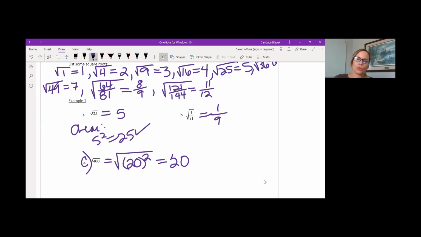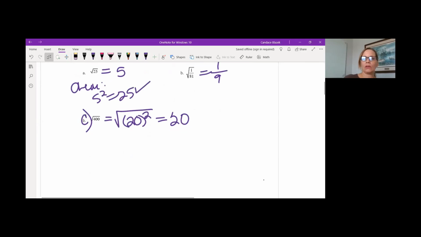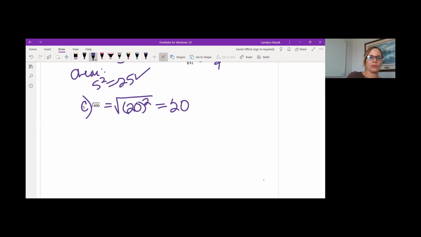And since 20 squared gives you 400, the principal square root of 400 has to be 20. And we could, again, do these all day long. I could do a D. What is the principal square root of 49? Well, 7 squared gives me 49, so the answer is 7.